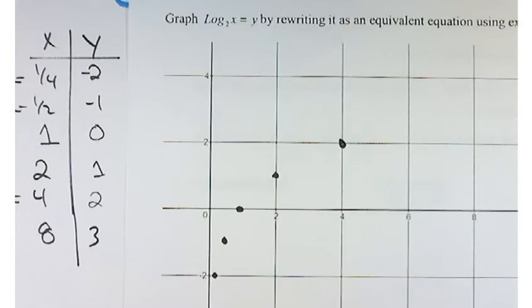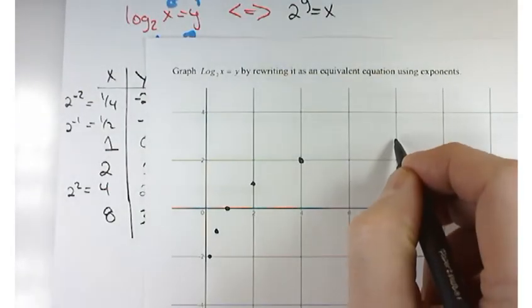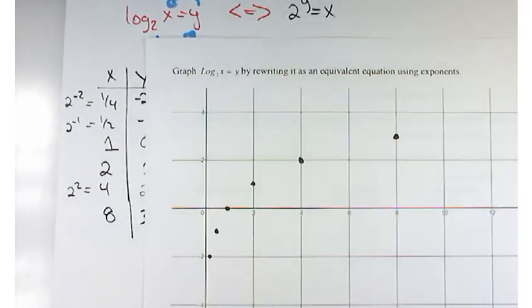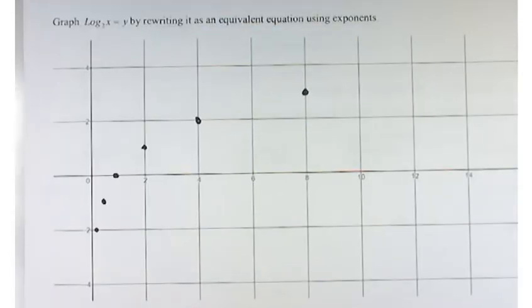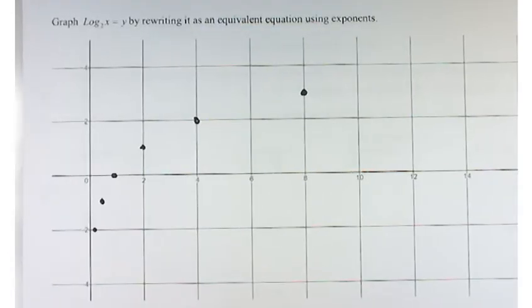Now initially our chart didn't go out quite so far, but you can go out to 8 and 3, and indeed 4 and 16, or 16 and 4 I should say. But that gives me enough points. Gives me a nice graph. It's just a matter of playing connect the dots.